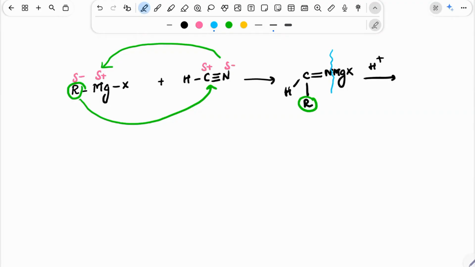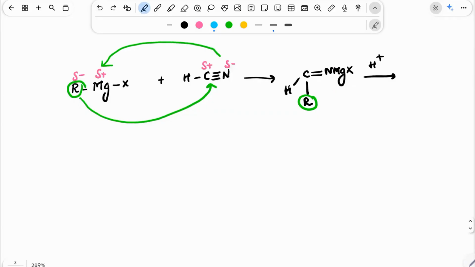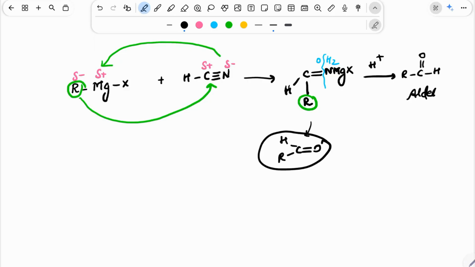New carbon-carbon bond formation happens. Now, next step, hydrolysis in the presence of acid. The same way, here what will I get? H2O, and I will get the product RCHO, aldehyde.